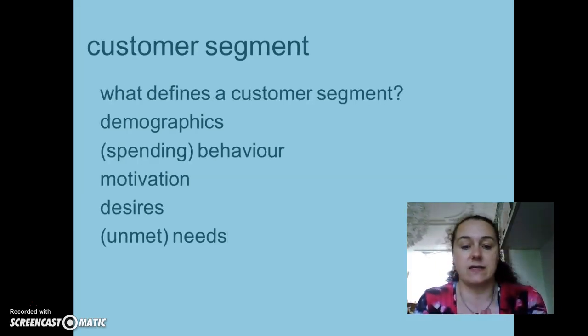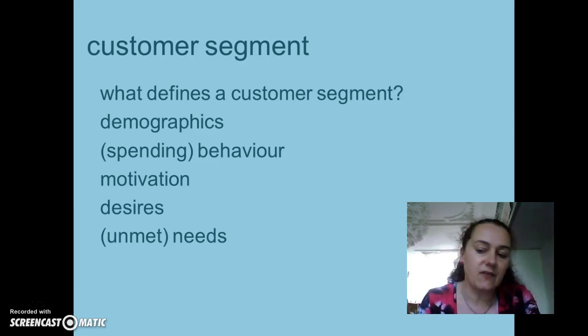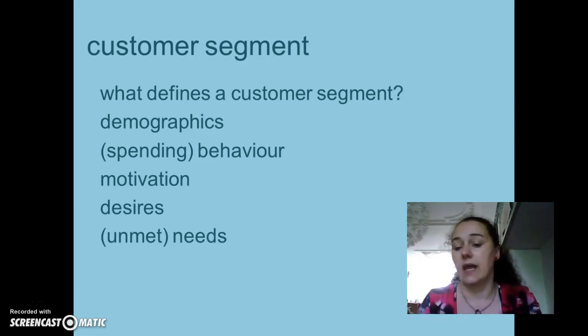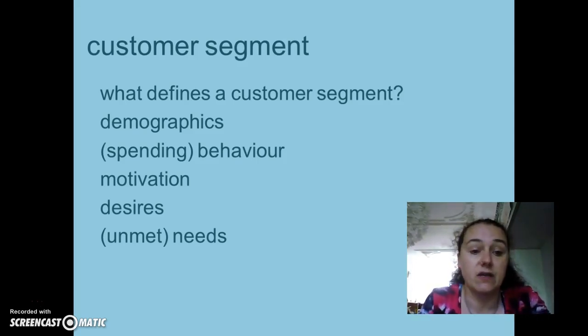What defines a customer segment? Well, the easiest thing to talk about is demographics: age, gender, maybe level of education, but also where they are. Of course, urban people, city dwellers, are different than people who live in the countryside. So demographics are mostly chosen, but they don't say that much about people's behavior and spending behavior.